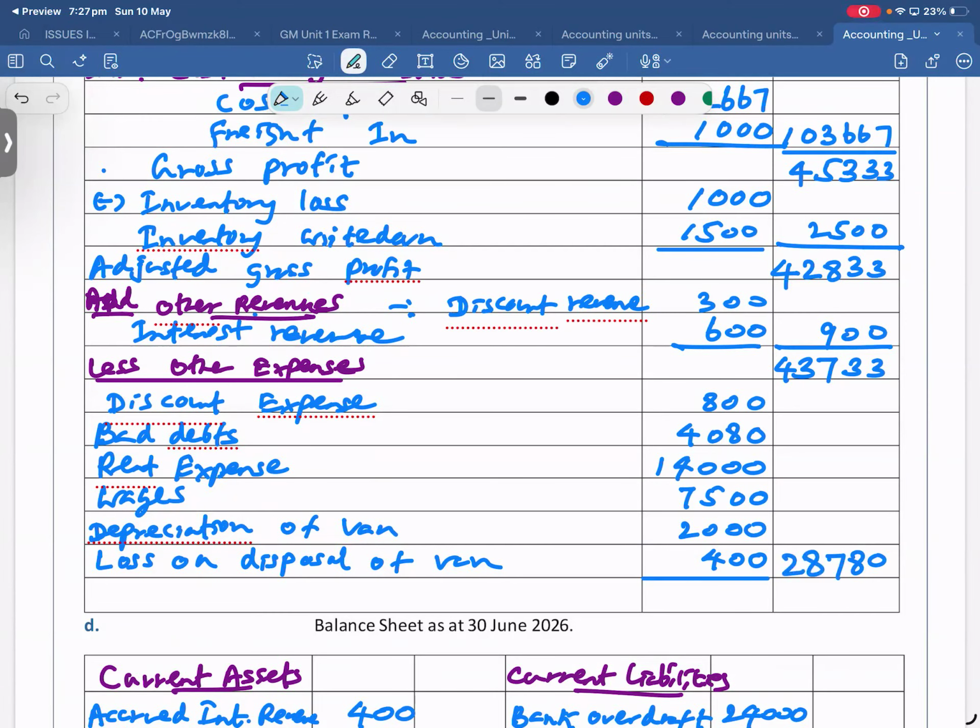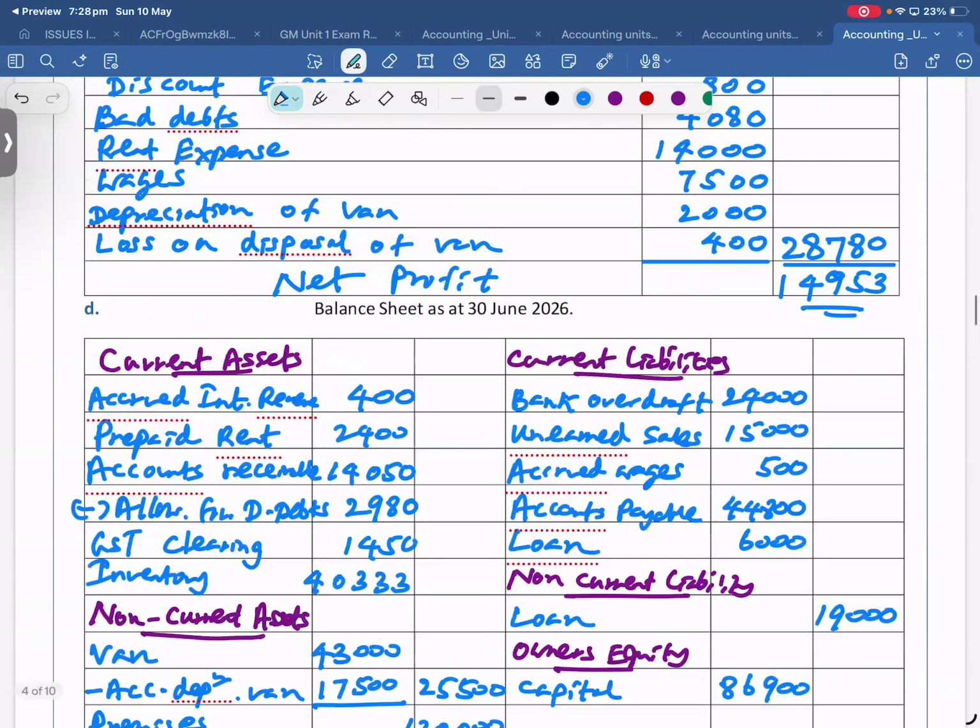Why you pay on my stuff? Is the net profit 14,953? Is that what you got? Yeah. So net profit we are going to add in the owner's equity.